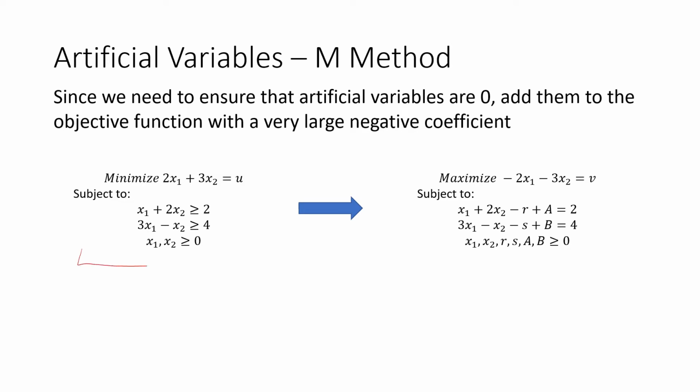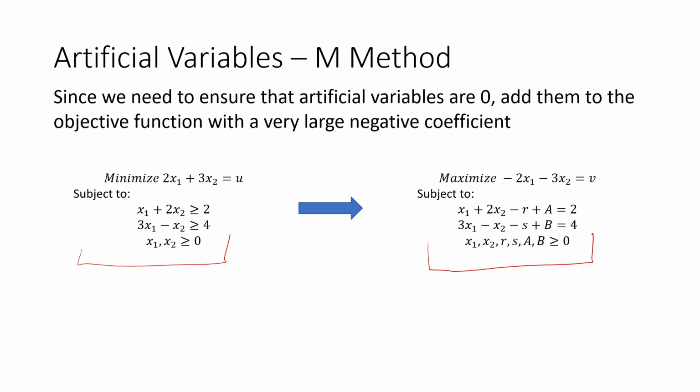So here's a linear program with two greater than or equal to constraints. So we introduce our slack variables, and then our surplus variables, and then we introduce our artificial variables. So we have plus a in the first one, plus b in the second one. But now the problem is that a and b have to be equal to 0. So how can we do that?